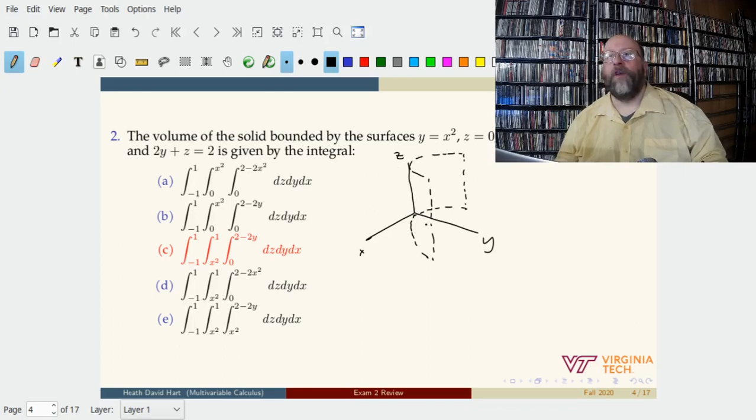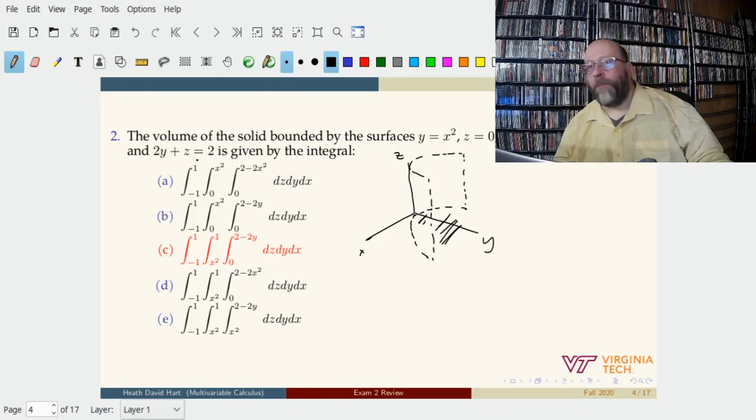z equals 0 is just the xy plane down here. And 2y plus z equals 2, I'm going to rewrite that for a moment as z equals 2 minus 2y. That's a line in the yz plane that starts at z equals 2. That's the z-intercept.